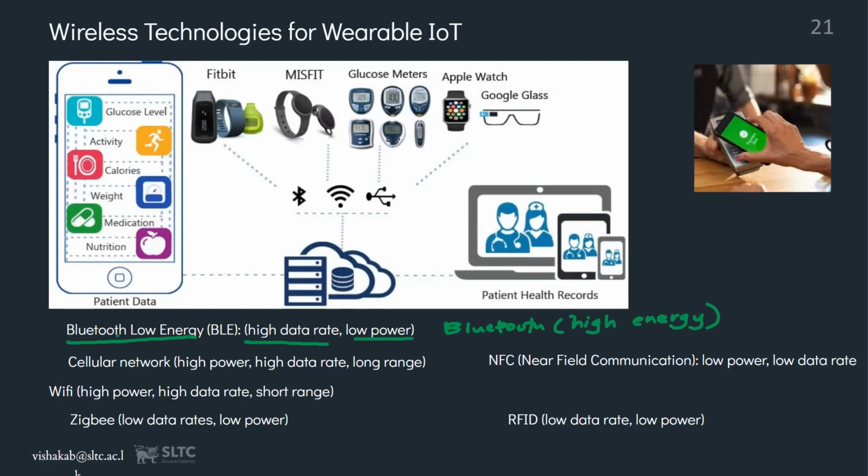And then when we discuss the other wireless technologies, we have cellular network technologies, which require high power consumption but give high data rates, for example in the gigabits range. It is also able to connect to an access network at a very far distance from the device.